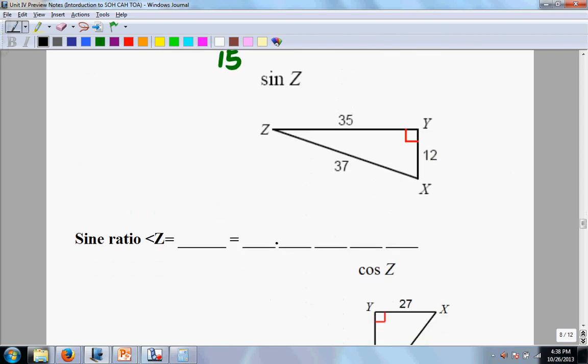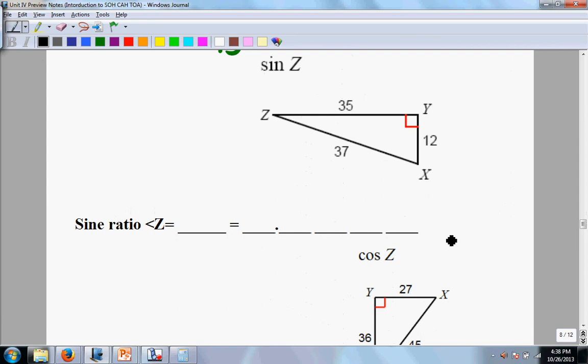Sine is SOH. So we want to find the sine of angle Z. So from angle Z, our opposite is going to be 12, and our hypo across from the right angle is going to be 37.